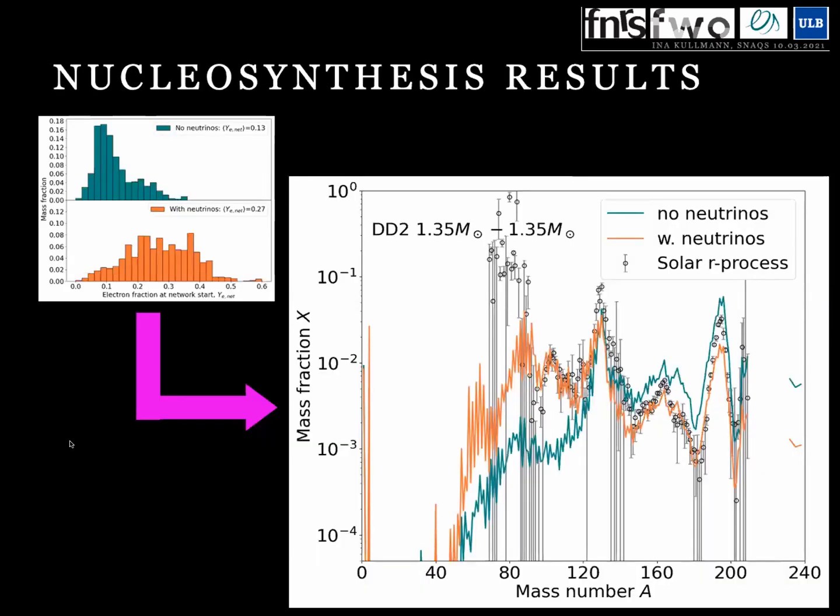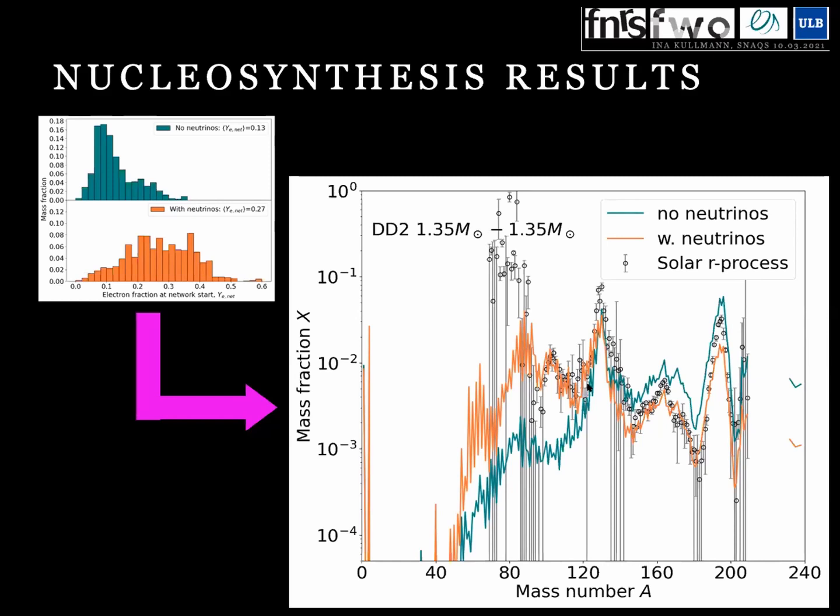So using this as input to our nucleosynthesis network, we get these results. First of all, I'd like to emphasize that our model, including the weak interactions, has a quite solar-like distribution all the way down to about A equals 90, while the model without neutrino interactions does not have this production of the lighter elements.